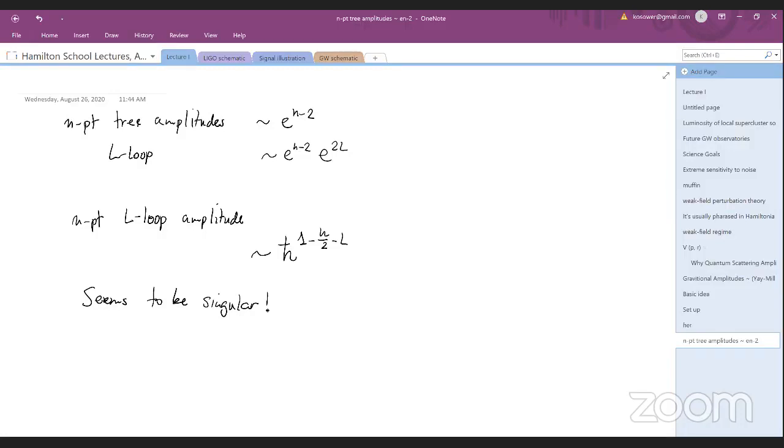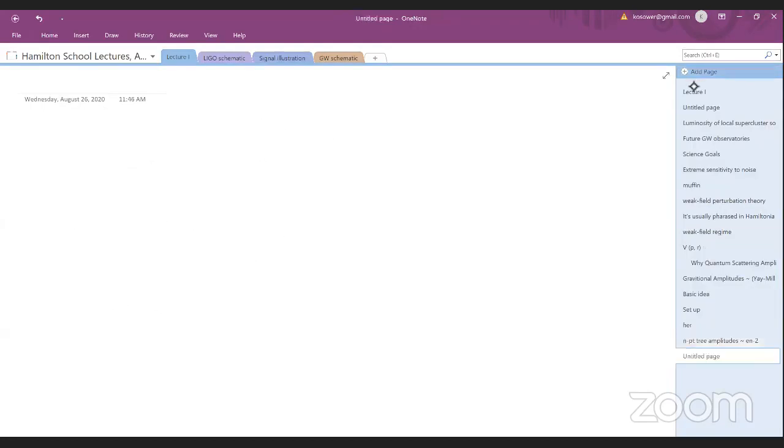Now, the first step in understanding how to get out of this confusion and this seemingly singular behavior is to realize that we are not doing the usual kind of collider physics. In collider physics, one is usually interested in plane wave states.